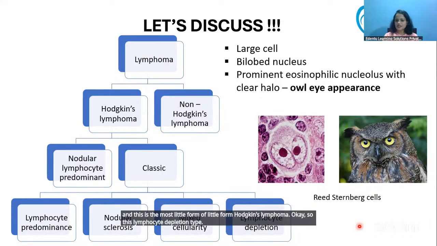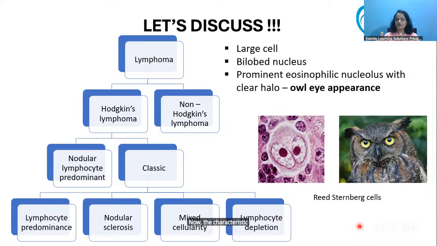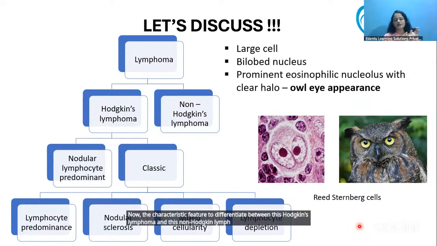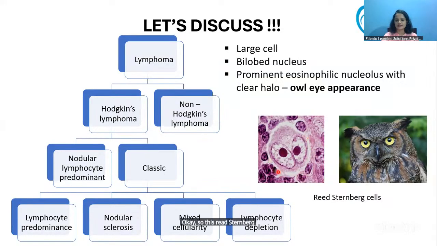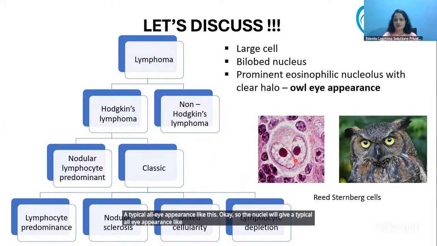Now, the characteristic feature to differentiate between Hodgkin's lymphoma and non-Hodgkin lymphoma is the presence of Reed-Sternberg cells. These Reed-Sternberg cells will look like this under the microscope, with a typical owl-eye appearance. The nucleus gives a typical owl-eye appearance, with a prominent eosinophilic nucleolus with a clear halo and a bilobed nucleus.